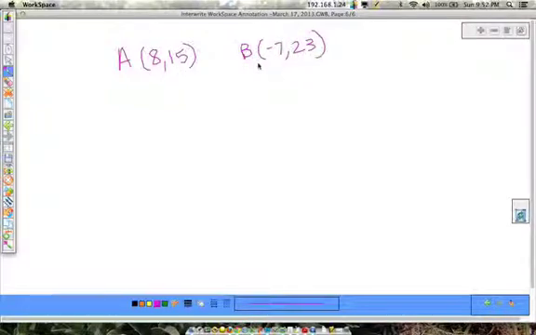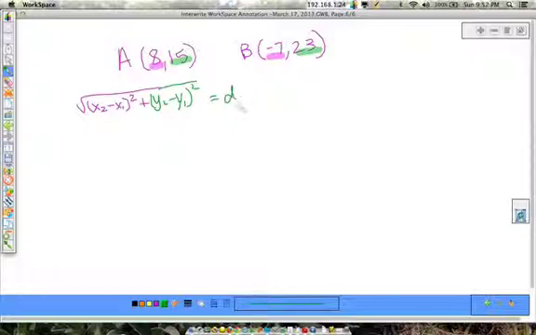Again, these are pretty far spread apart points, so we're just going to use our distance formula. We're going to remind ourselves this is the x, and this is going to be the y coordinates. So we're going to rewrite that formula: square root of x2 minus x1 squared plus y2 minus y1 quantity squared. That is our distance. So let's just find those differences. Let's call this x1, this one x2, this y1, and y2.